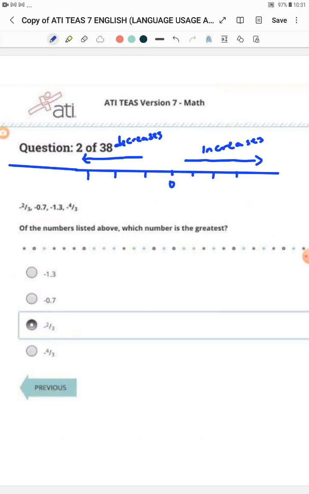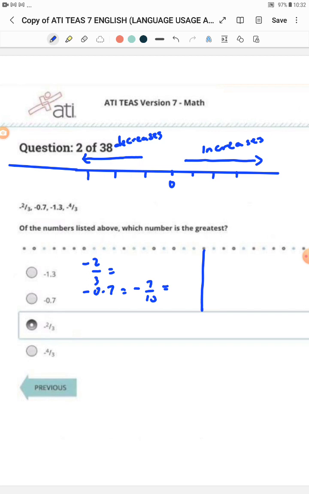One thing you can do to know which one is bigger and which one is smaller is to do a denominator comparison. So we have minus 0.7, which we can write as a fraction, -7/10.